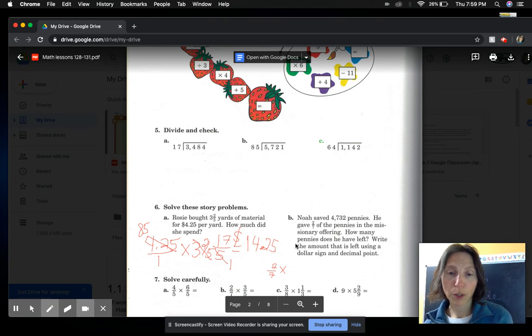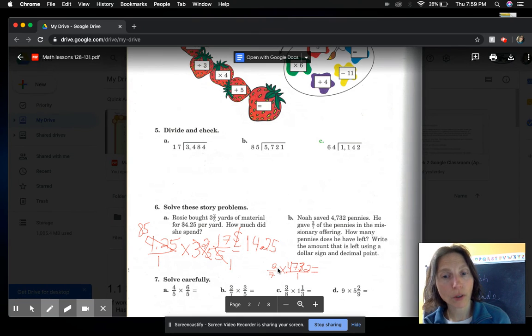When I change a story problem to math language, I'm going to replace "of" with times. 4,732 over 1, because any whole number I can put over 1, it doesn't change the value, equals.